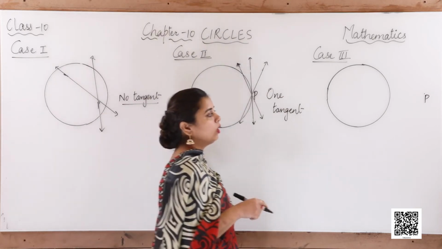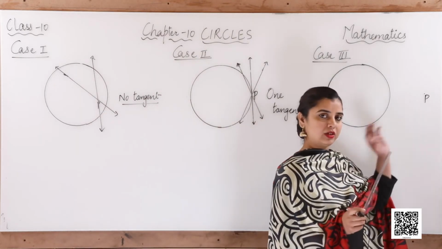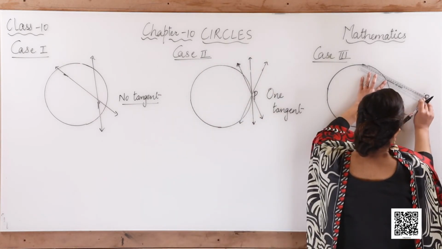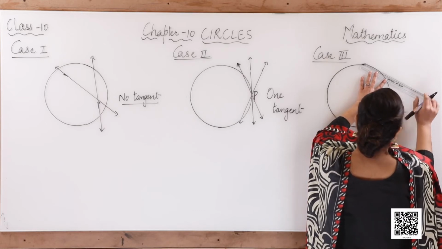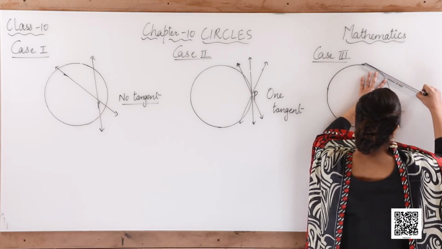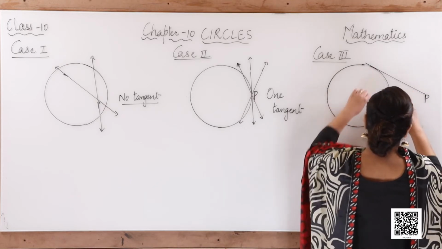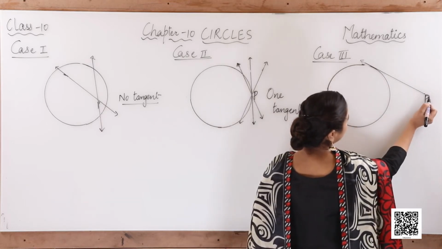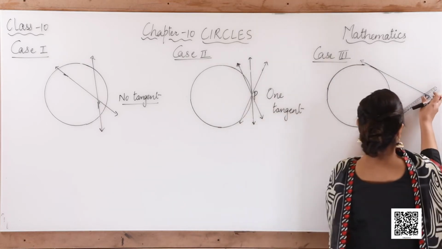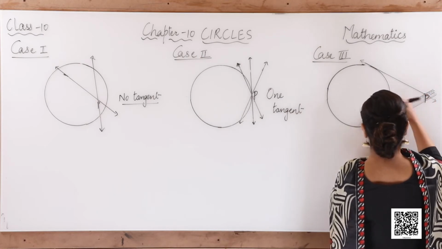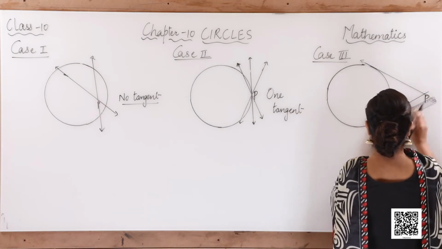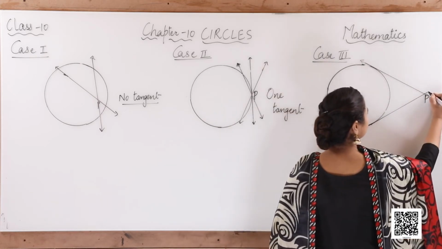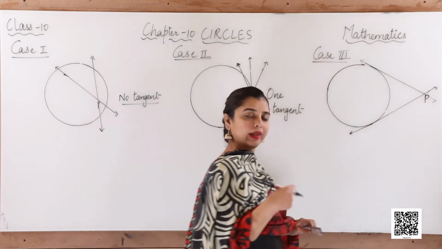So there is only one tangent passing through point P when point P is on the boundary. What about if the point P is in the exterior? How many tangents can be drawn? Let us try. Now this is one tangent. And this is the other one. I could draw two tangents. Can I draw some more?